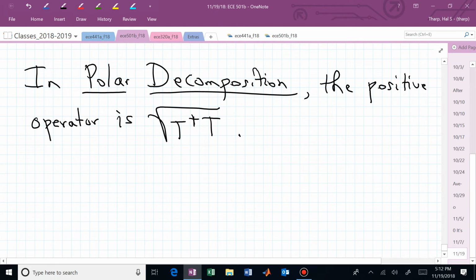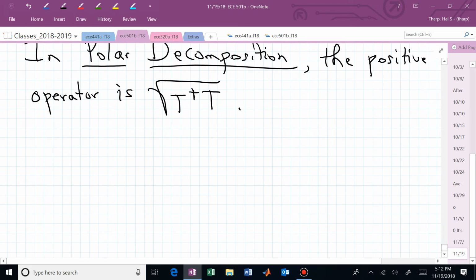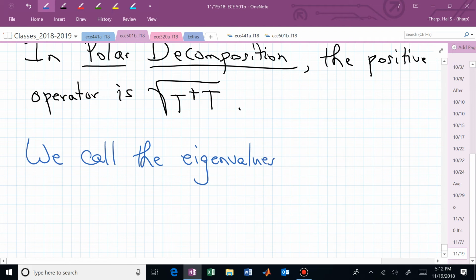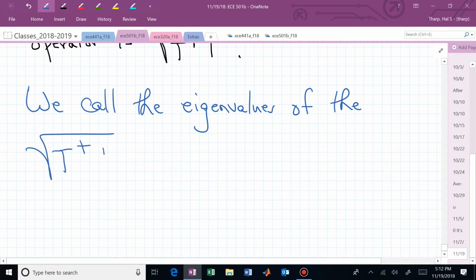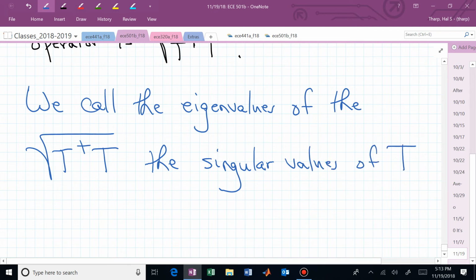And we're now going to define singular values. We call the eigenvalues of this positive square root of T dagger T the singular values of our original linear operator T.